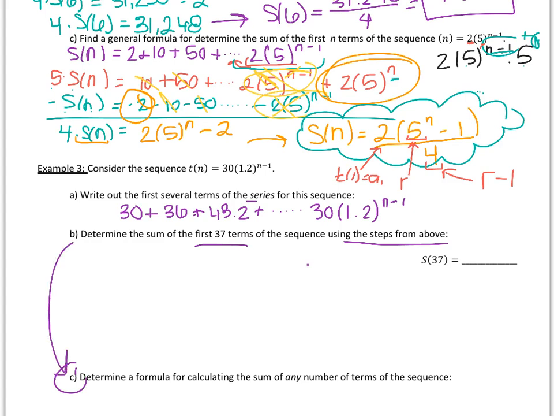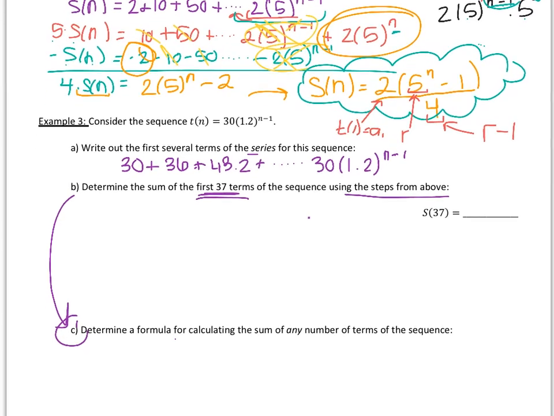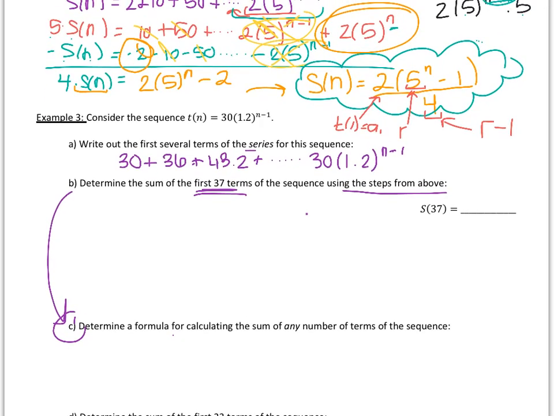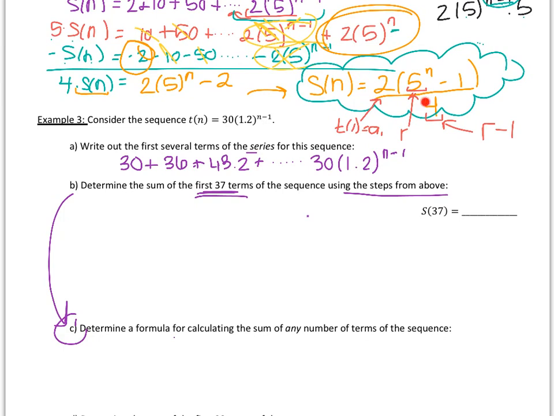We're going to come up with our formula, and then we'll apply it to B to find the sum of the first 37 terms. To find that formula, we are going to relate it exactly to the formula we came up with in our last one. It's very straightforward now that we have worked through the problem that we just did before.